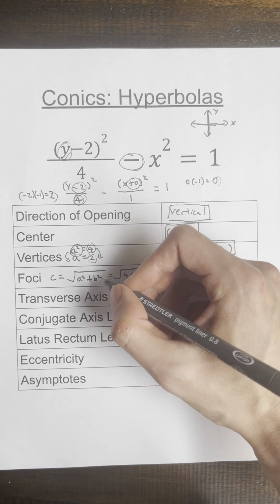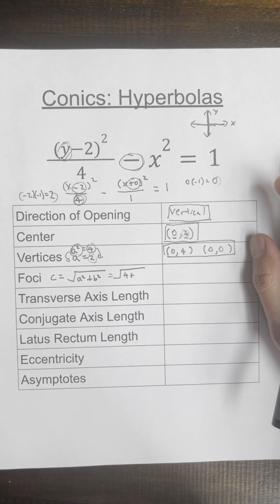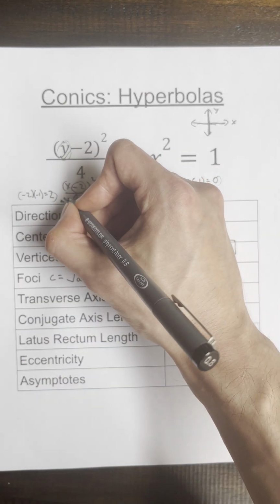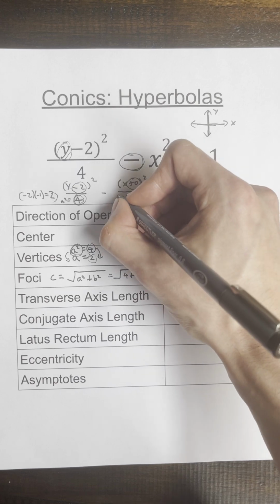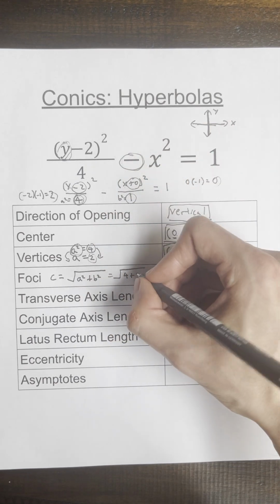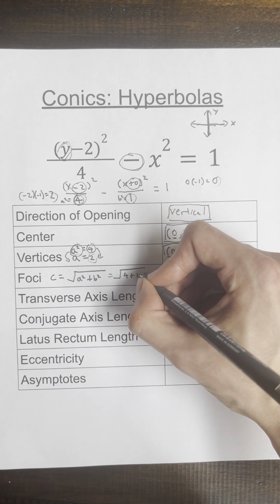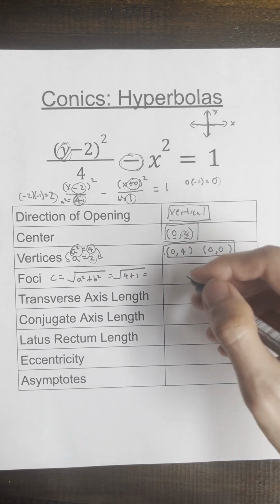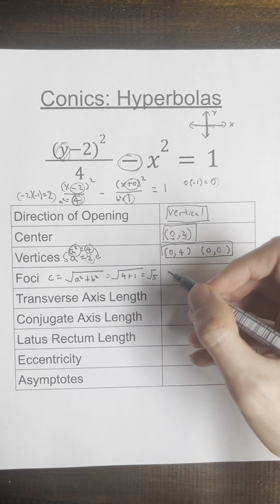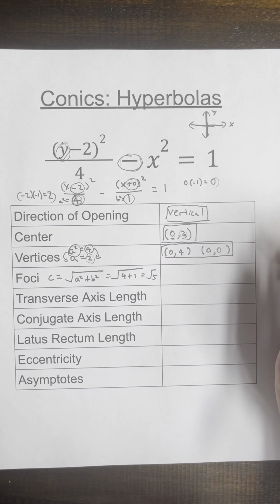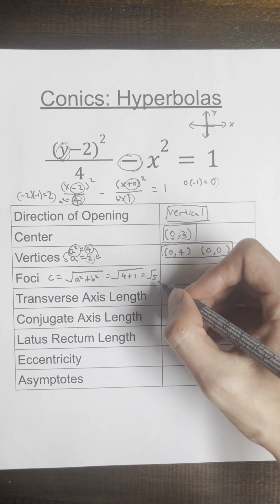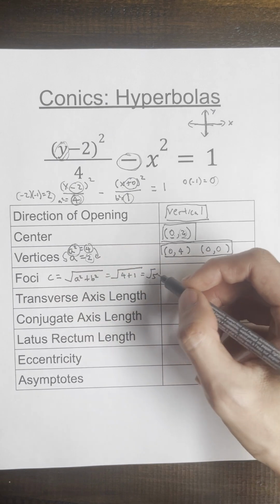And what should we change b squared to? This number is b squared. So change b squared to 1. What's 4 plus 1? 5. Can we simplify this radical? Well, no, because no perfect square other than 1 evenly goes into 5. So C is root 5.